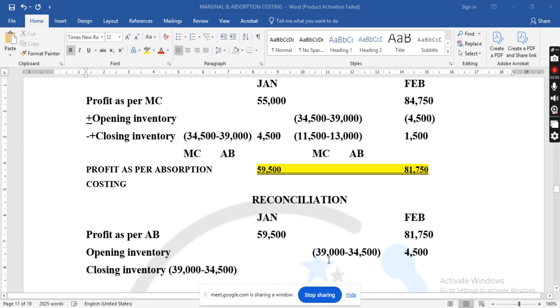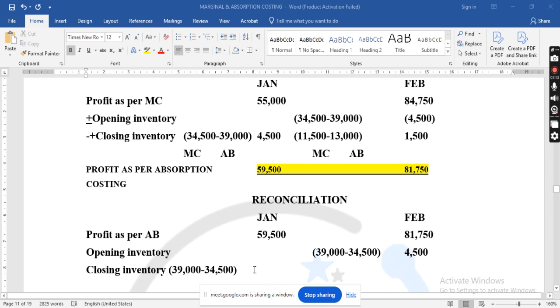Now look at the rule. If the closing inventory of absorption costing is greater than marginal costing, you subtract the difference. You can see minus.